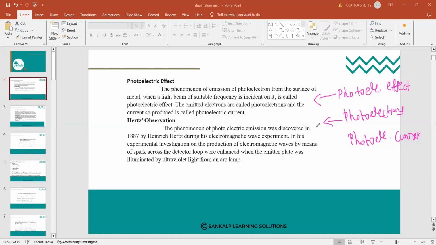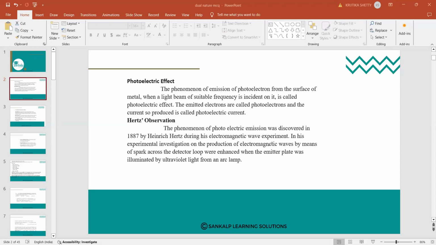What are photoelectrons? Whatever electrons come out of the metal surface are called photoelectrons. What is photoelectric current? The current due to these photoelectrons is called the photoelectric current. Hope it is clear to everyone what the photoelectric effect is.